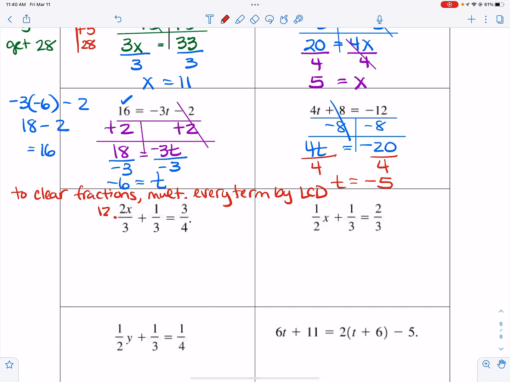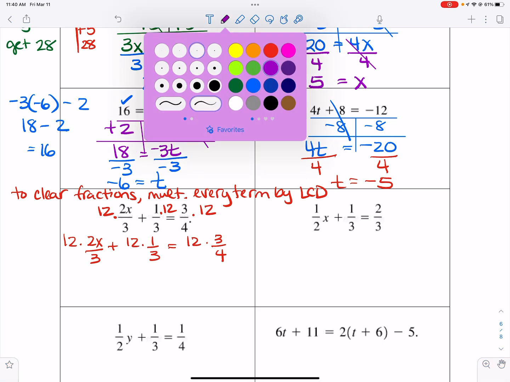So in this case, that least common denominator is going to be 12. Now, if you have to write it out, by all means, write it out like this so that you don't forget to multiply everything by that 12. And it doesn't matter the order that you put them in, okay?